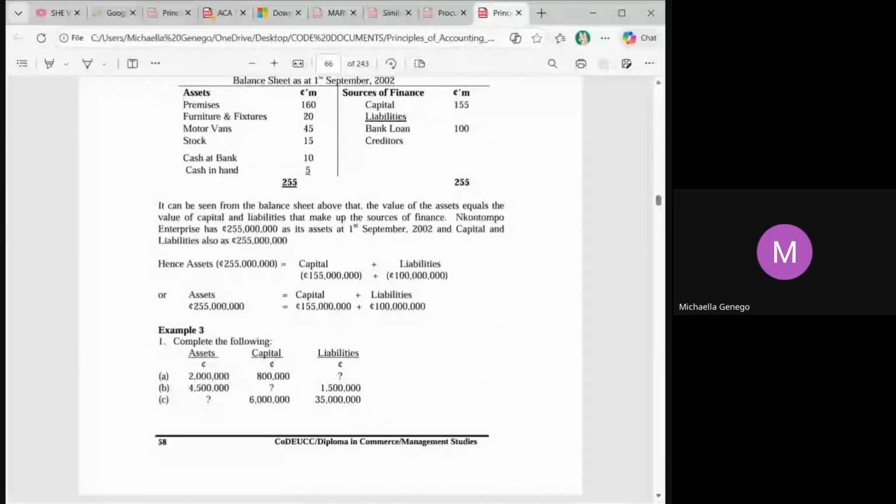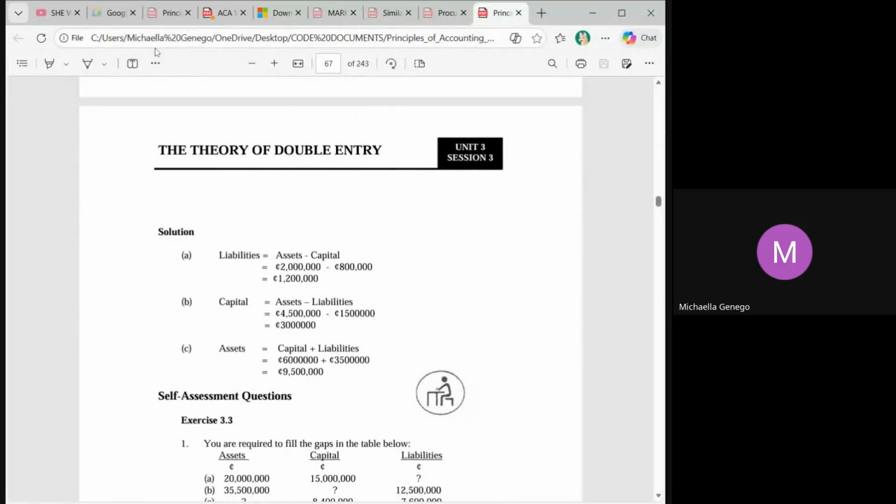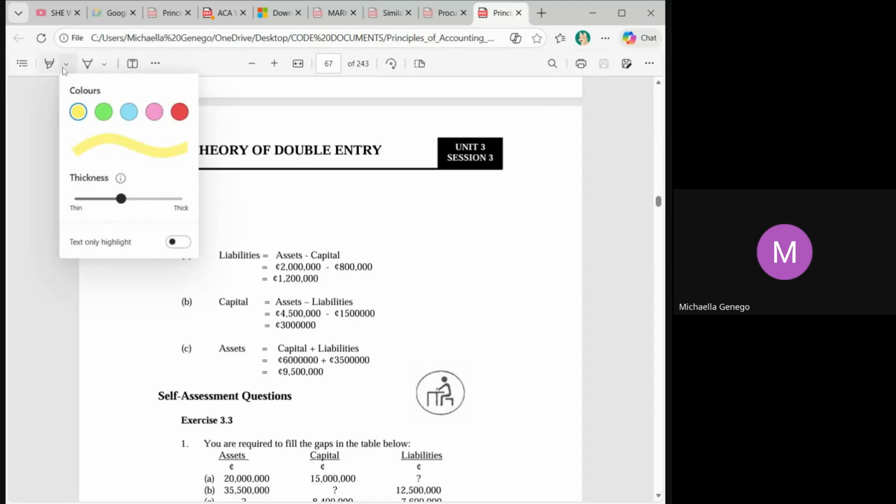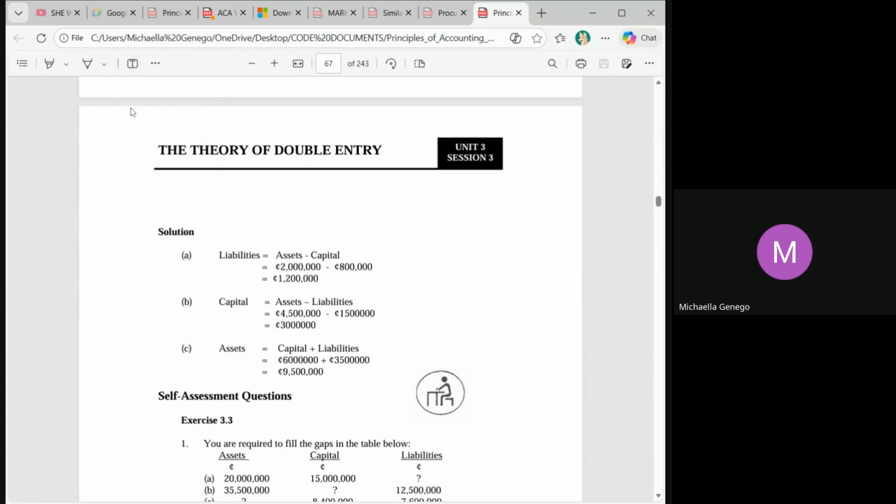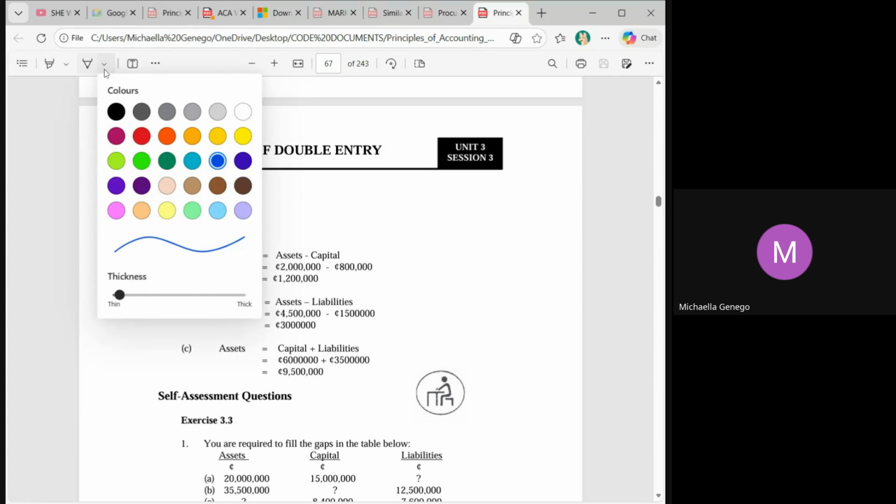So this accounting equation can be applied using the T account in demonstrating the accounting equation. When we create the T account, we put assets at the debit side, and then we put liabilities and capital at the credit side.